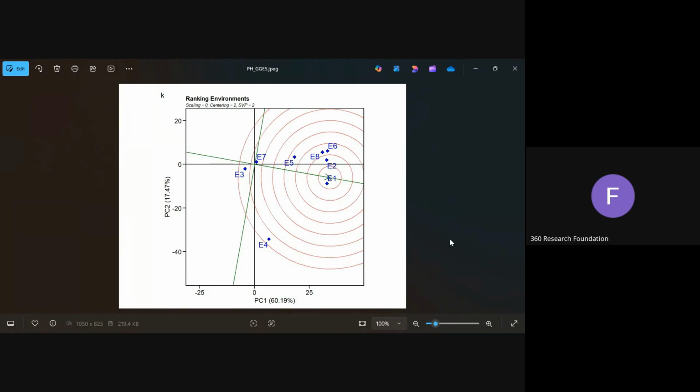So E5 and E7 both have moderate distance from the ideal environment, so you can consider both environments useful, but less efficient than E1 and E2.